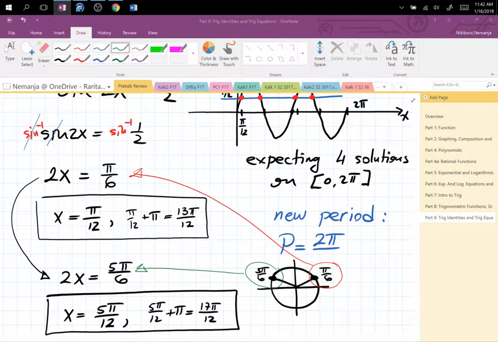So when you take off the sine, whatever is here, could be 3x, could be 17x, it doesn't matter. Those answers are going to be the good old answers, and then we have to divide both sides by 2, giving you pi over 12. And then plus period, because we are expecting 4 solutions. We're going to do one with 3 as well, just in case. I don't think that they would go on the test.